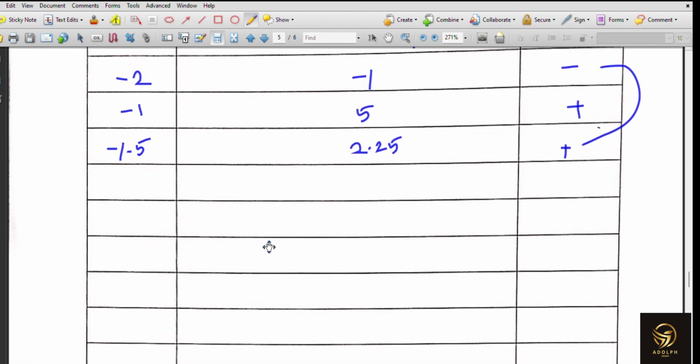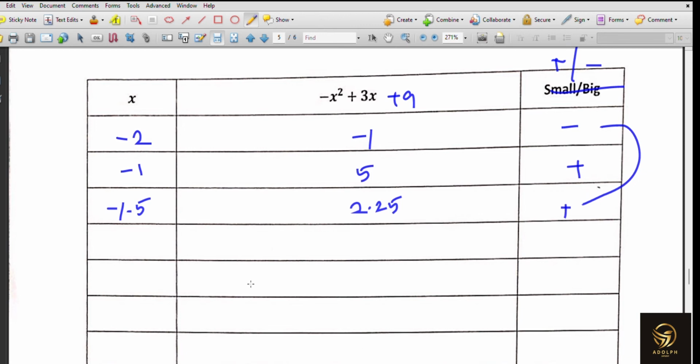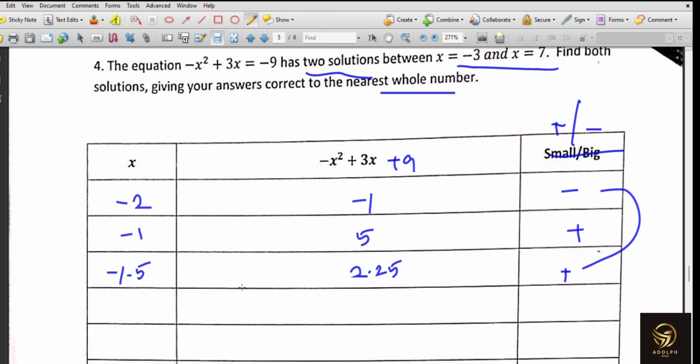We have to find out what the next number is. I think we can go to the next solution. It is 7, so we might go to somewhat 5 or 4. Let's try 5 here. With 5, I'm getting negative 1. It is negative actually.